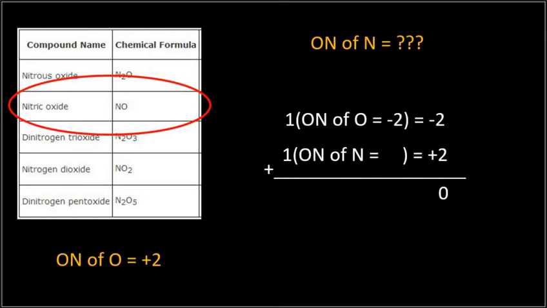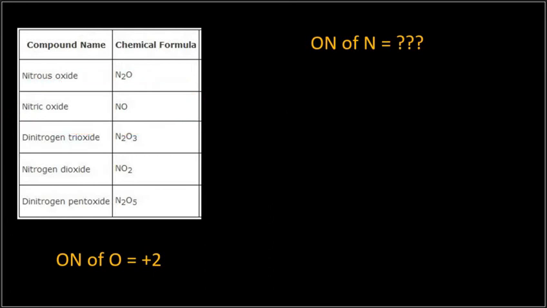Now, if you have 1 of them and it needs to equal a +2, that means that the oxidation number of nitrogen is +2. So you can see even though it looks simpler, it actually has a higher oxidation number. Now remember, the oxidation number just means how many electrons can either come, go, or be shared by an atom. It's not the charge.